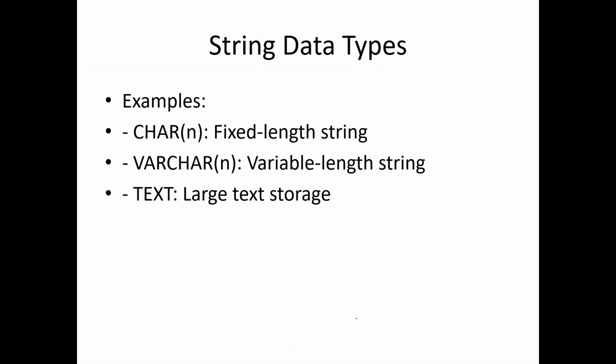Next is the string data type. String data types are used to store text values such as names, descriptions, and email addresses. They are categorized as fixed length and variable length strings. CHAR is used for fixed length; it is best when storing data of the same length, like a postal code or country code. VARCHAR stores variable length text, where n denotes the number.